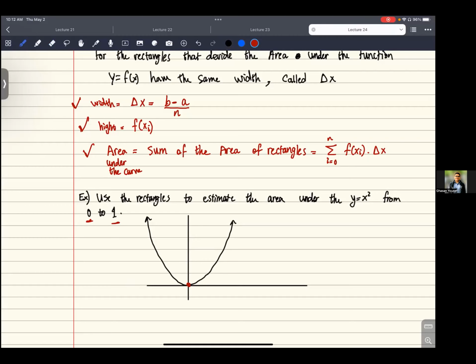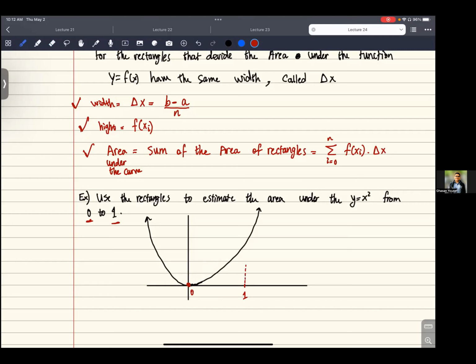Let me fix it to make it look more like a parabola. Okay. So they ask for the area starting from 0 up to 1 under the curve.